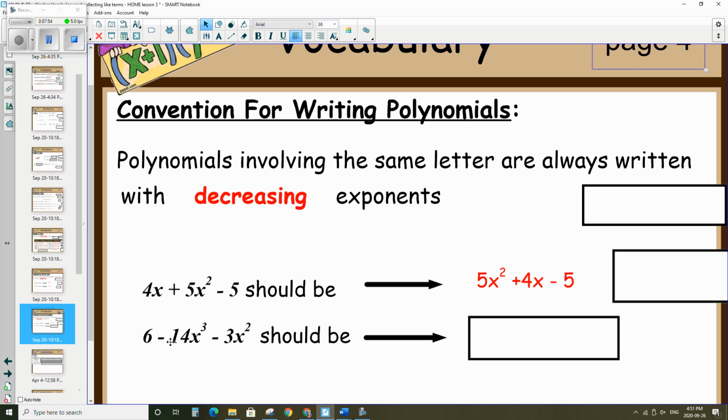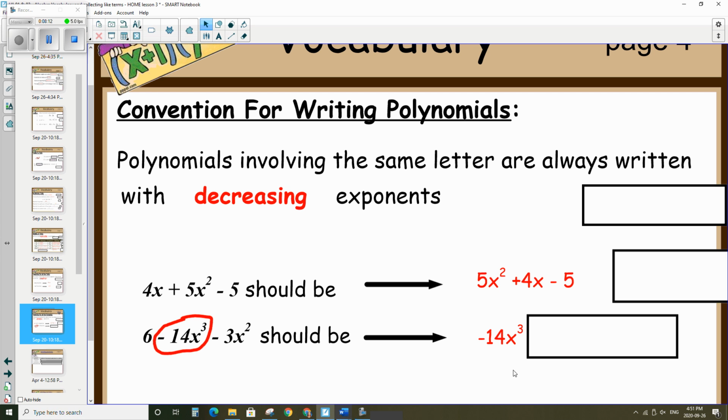For this expression here, we have 6 minus 4x cubed minus 3x squared. So this term here, the cubed term is going to go first, but you have to move the negative sign with it. So it's going to start out with -4x cubed, then the next term, which is -3x squared.